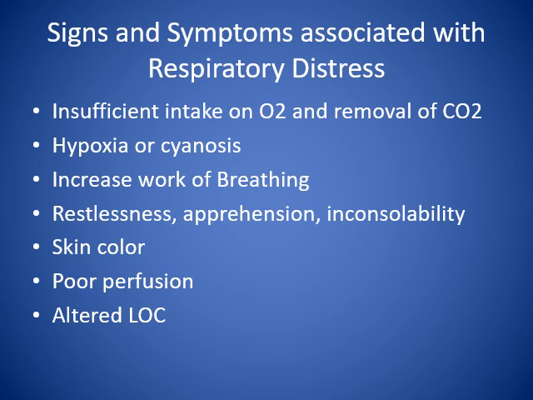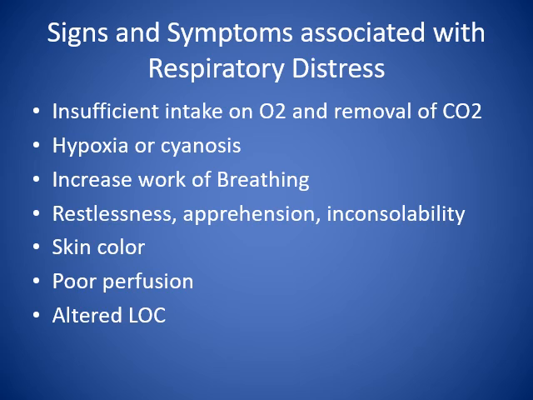Signs and symptoms associated with respiratory distress. If you are hypoxic, you have an imbalance between CO2 and O2, and so you're going to display signs of cyanosis. Sometimes if children are pretty distressed respiratory-wise, you might see cyanosis around the lips. We call that circumoral cyanosis.